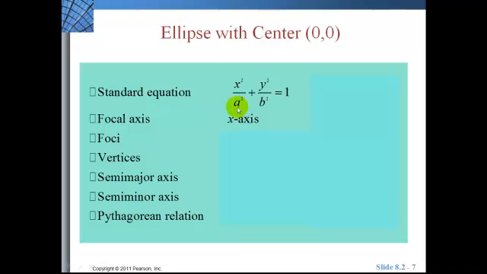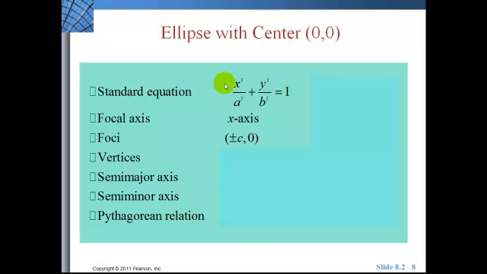The a squared will be larger. The equation is always equal to 1 for an ellipse. On the x-axis, remember, y is equal to 0. The foci will be plus and minus c for the x value and 0. This is the distance to the foci.